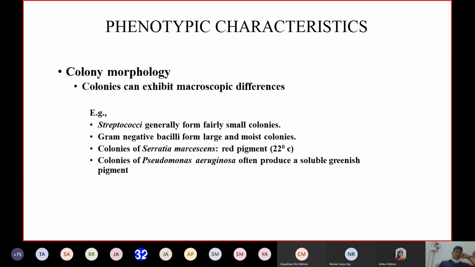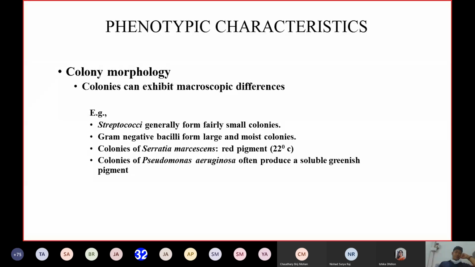Like Streptococci, they will make small colonies which are mucoid. Similarly, if they are cultured in blood agar, they will give alpha hemolysis. They are specific to Streptococci and they will make Draughtsman shape colonies. We'll talk about this later. Gram-negative bacilli, if they are producing capsule, they will make mucoid colonies.